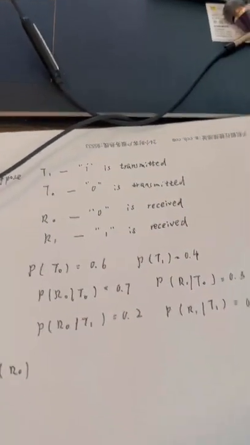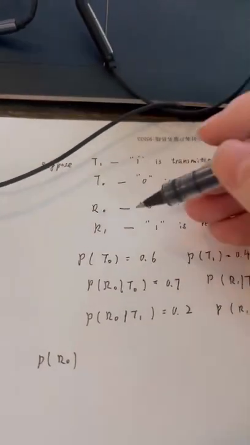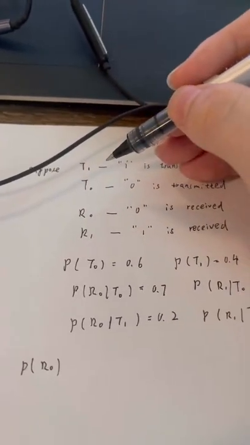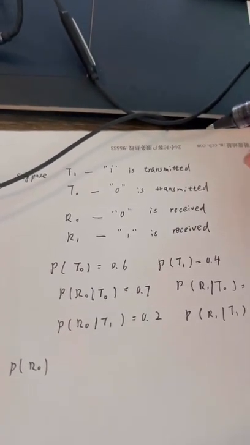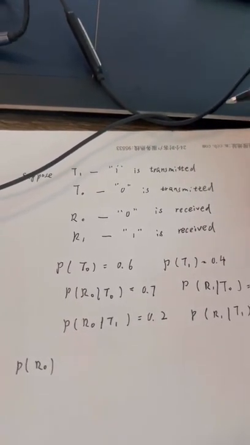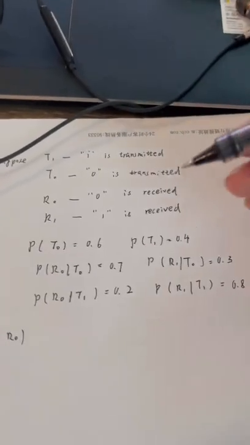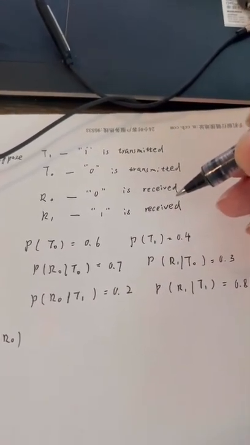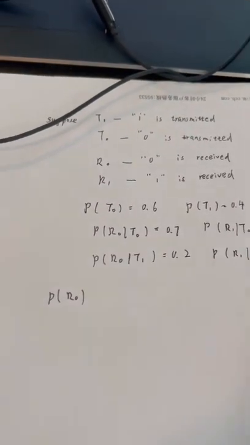Here we will use the total probability theorem, because T1 and T0 form a partition of the whole space S. Either digital 1 is transmitted or digital 0 is transmitted, so they are mutually exclusive, and the sum of their probabilities, 0.6 plus 0.4, equals 1. So we will use the total probability theorem here.